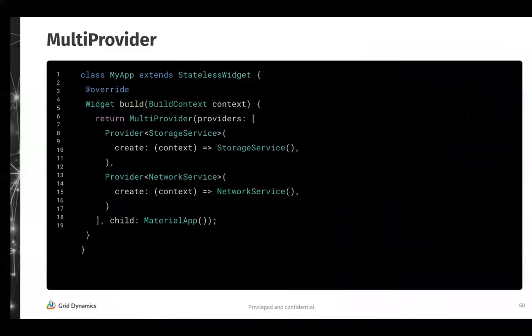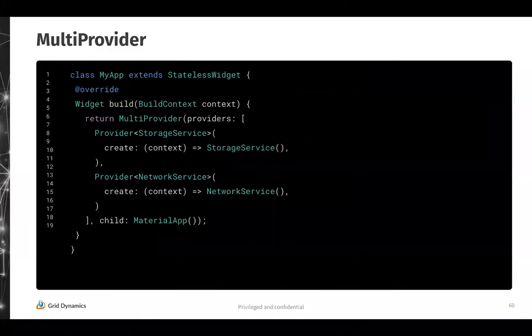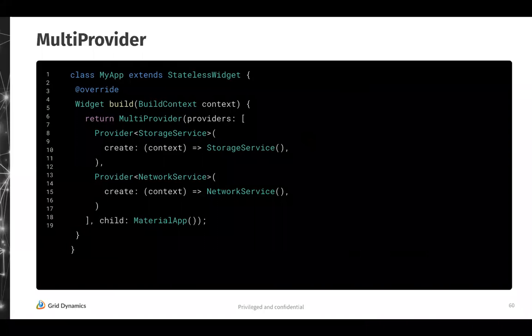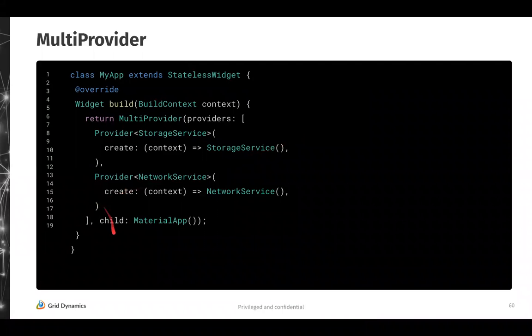And this is the intention of multi-provider. It accepts, as you can see, two arguments: child, which is just the child widget tree, and a list of providers in the form of an array, where we can define as many providers as we would like. As you can see in this particular example, we've defined some provider for storage and yet another provider for network interaction, for instance.